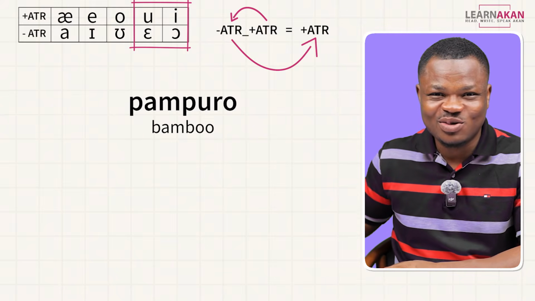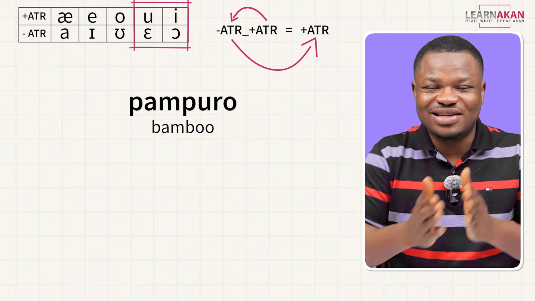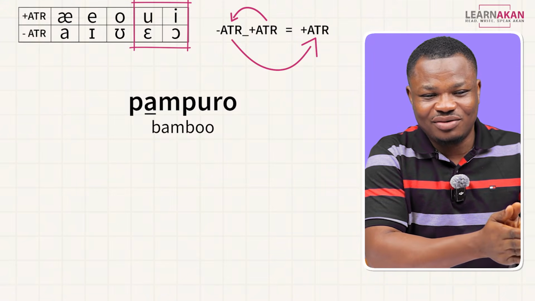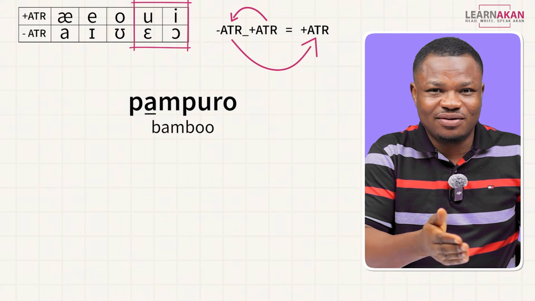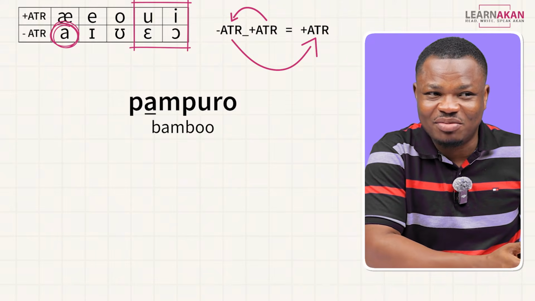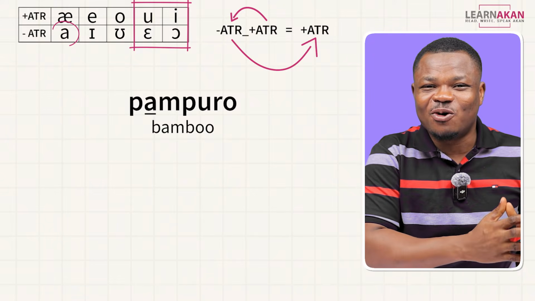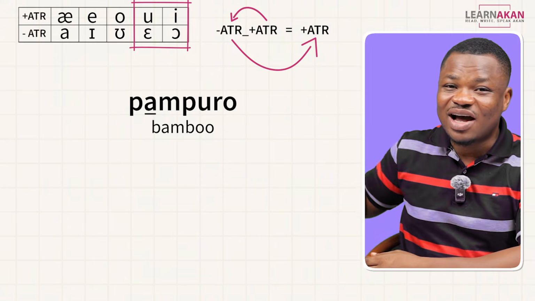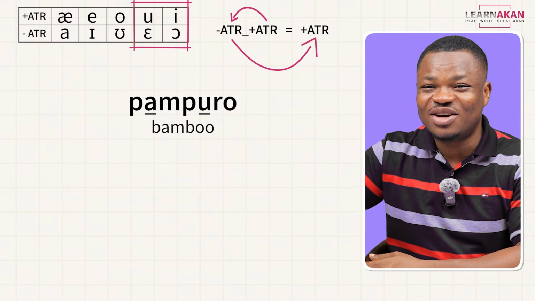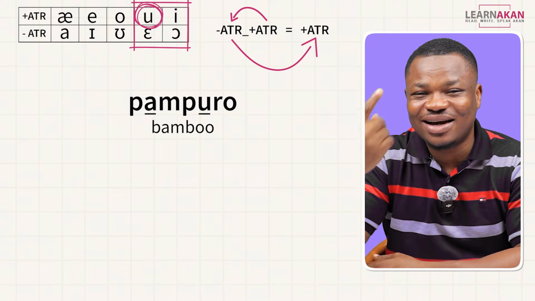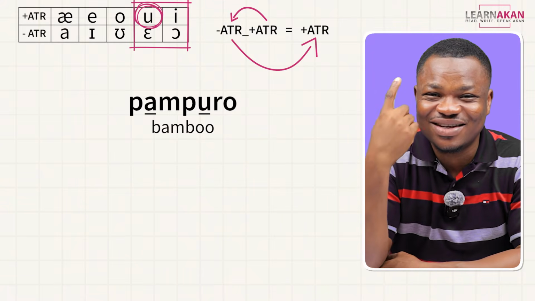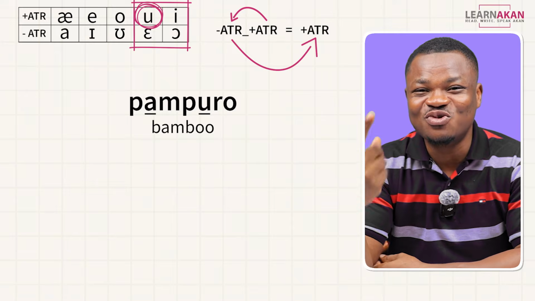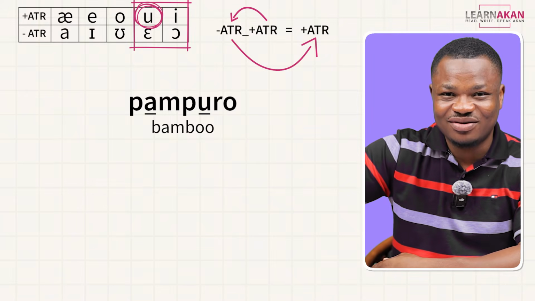Esichri. Let's see another example. We have this one. The first vowel is A, right? But we don't know whether this is the regular A sound, the minus ATR sound, or the plus ATR version, right? So here the next vowel is U, right? U is amongst the 4 that come with just a single sound, right? And we know U has a plus ATR sound.